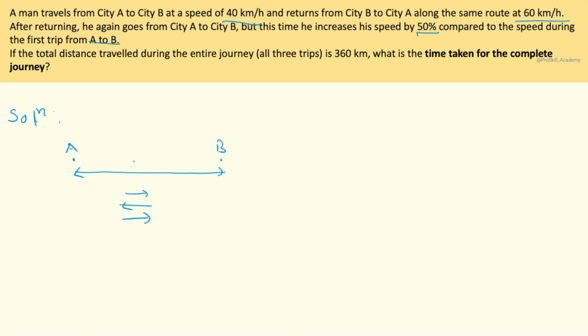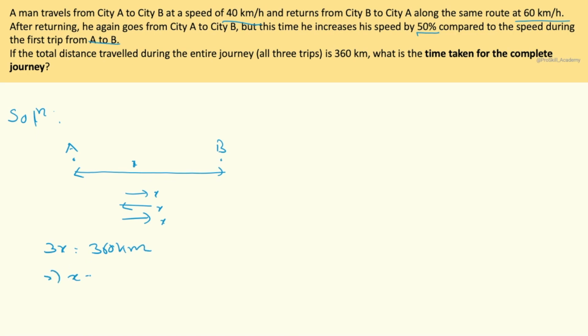So if I say the distance between A and B is x, then the total distance traveled by the man would be x plus x plus x, which is 3x. Now this total distance is given as 360 kilometers.